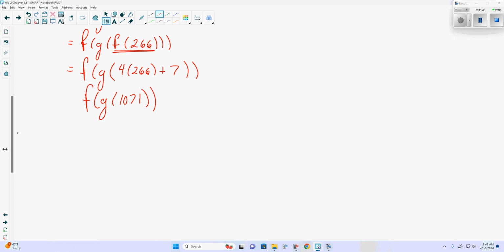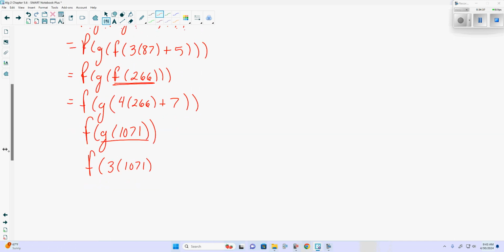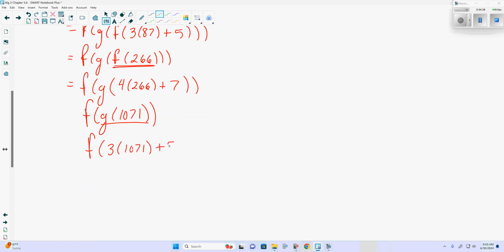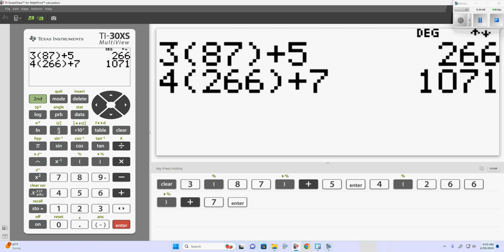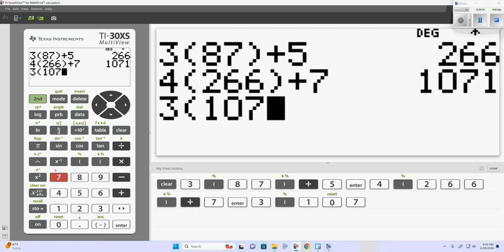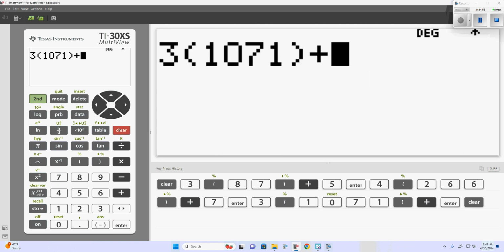Well, now we're taking g of 1071, which I believe is 3 times 1071 plus 5. Yeah. Syntax error.